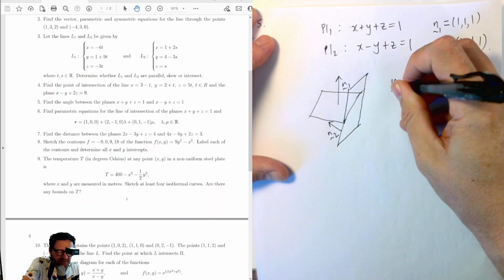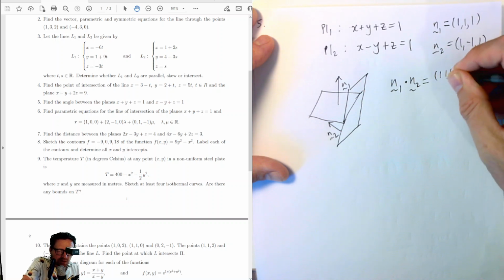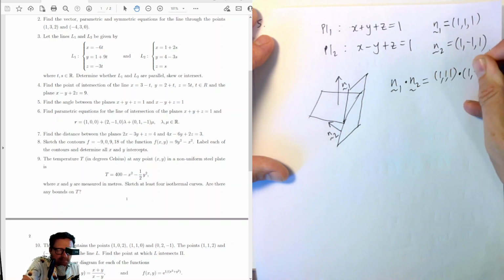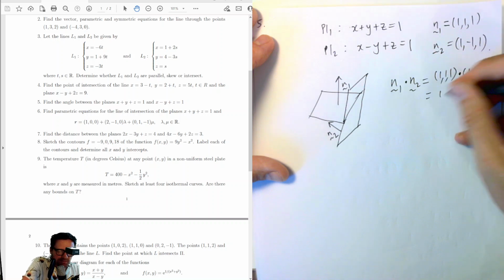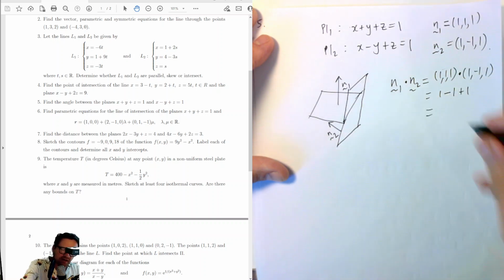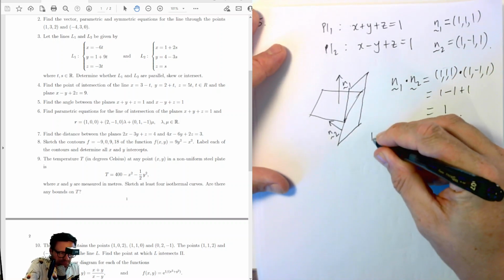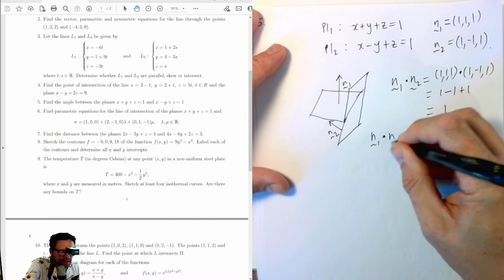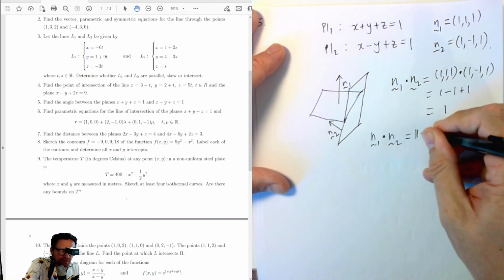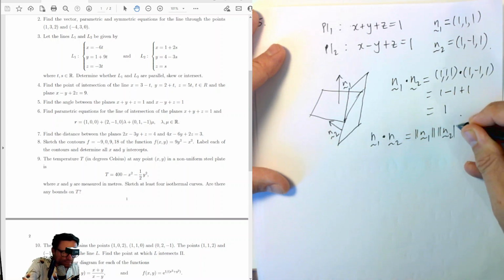So we take the dot product, n1 dot n2 is equal to (1, 1, 1) dot (1, -1, 1), which is 1 times 1 plus 1 times -1 plus 1 times 1. And so we have 1 as our dot product. Okay, now the formula: n1 dot n2 is the product of the norms of the two vectors times the cosine of the angle between them.